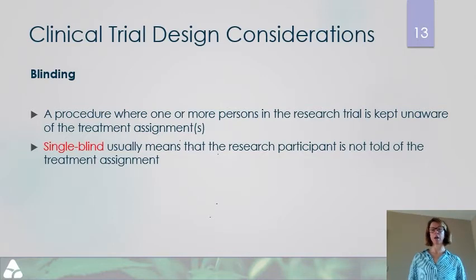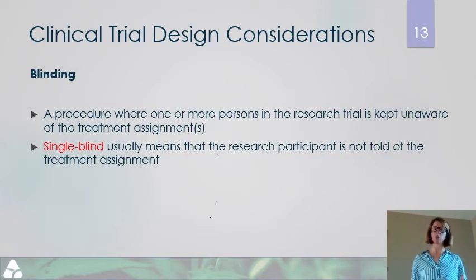So single blind usually means that the research participant, so the patient, is not told of their treatment assignment. Now, it's really important that the patient doesn't know whether or not they're getting placebo or active drug, because that could affect how they behave during the clinical trial. So if you knew you were on placebo, you might just go, well, I'm on placebo, so I'm going to change my behavior and exercise because I think that's going to help me, and this placebo isn't going to help me.